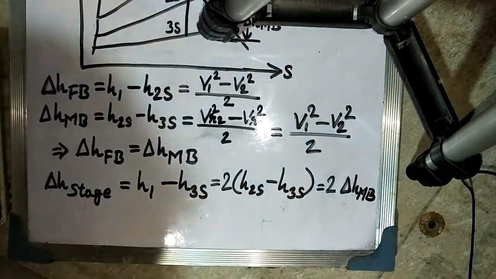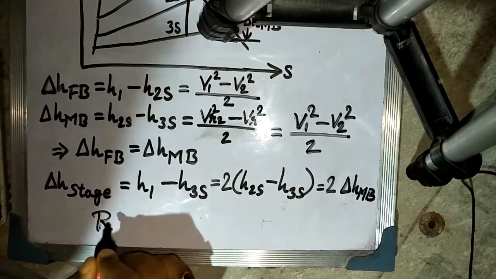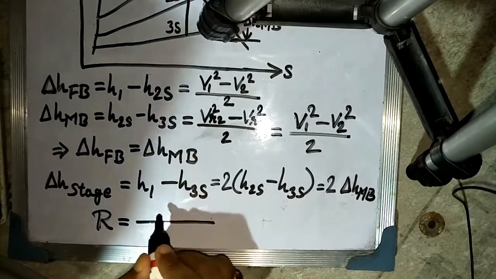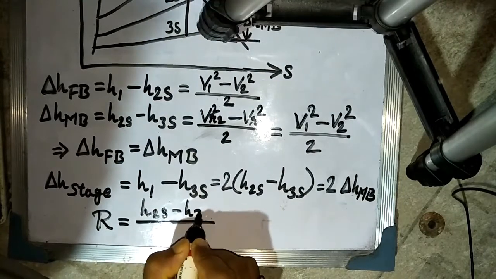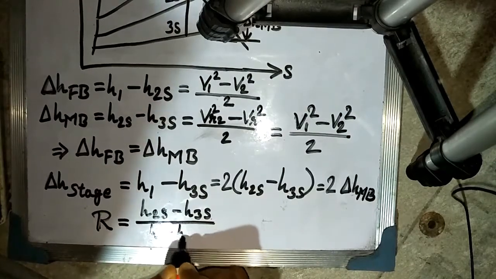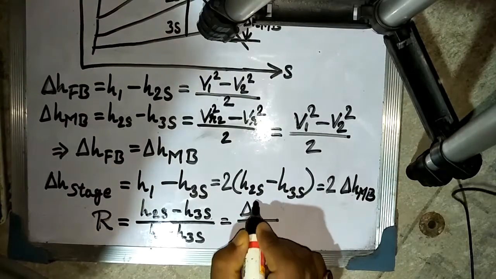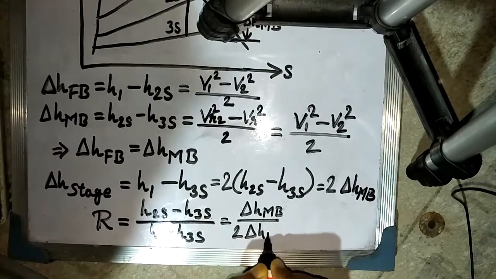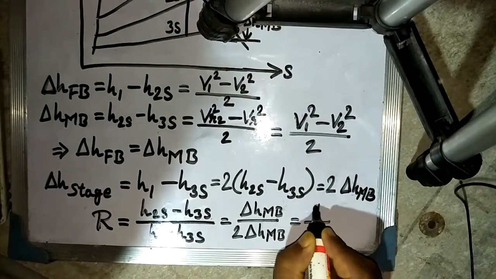So the degree of reaction, from the formula we know, equals H2S minus H3S by H1 minus H3S, which equals del H MB by 2 into del H MB, so that equals half.